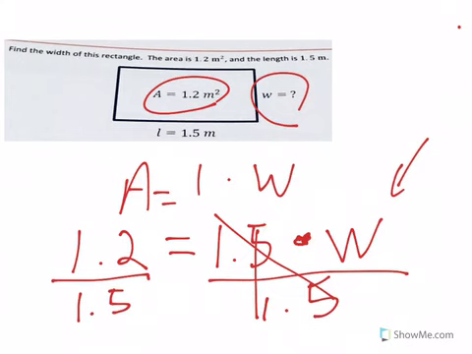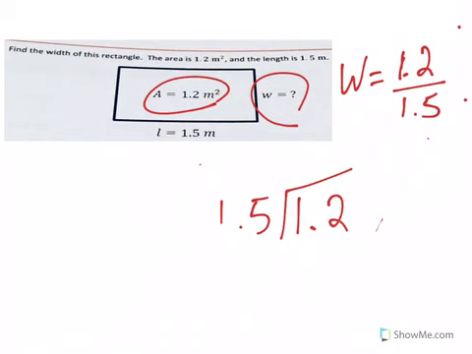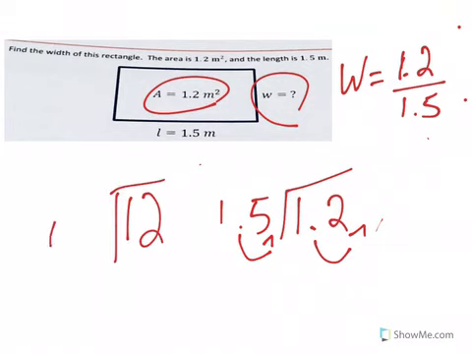So we end up with W equals 1.2 divided by 1.5. If we want to solve it in our traditional standard algorithm way, we can do this. We know that we don't want a decimal here, so we move this decimal over 1, which means we move this decimal over 1. And we end up with 12 divided by 15.